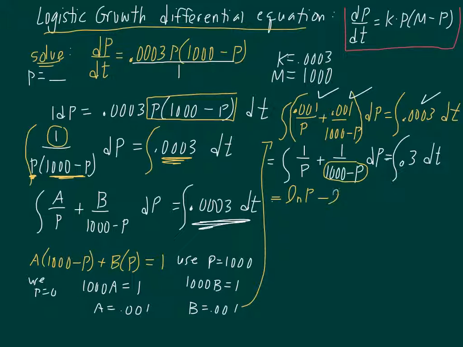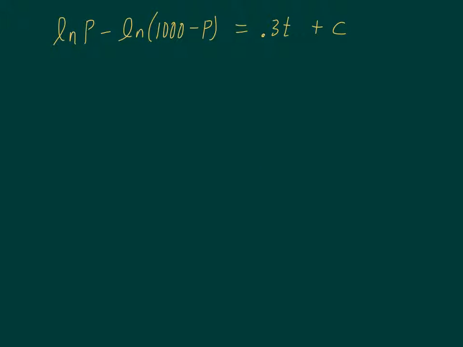So let's just turn this into minus, okay? And then the natural log of 1000 minus p, we technically don't need to worry about absolute value here because p is the population, it's always going to be positive, okay? And then over here we would have equals 0.3t plus C.